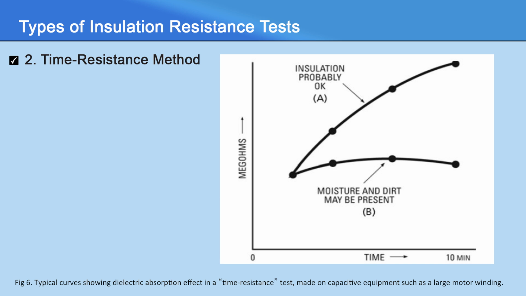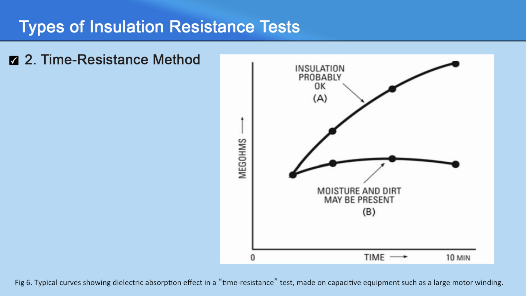Figure 6 shows typical curves showing dielectric absorption effects in a time resistance test made on capacitive equipment such as a large motor winding. Again, the graph is plotted between the resistance in megohms and the time measured in seconds or minutes.